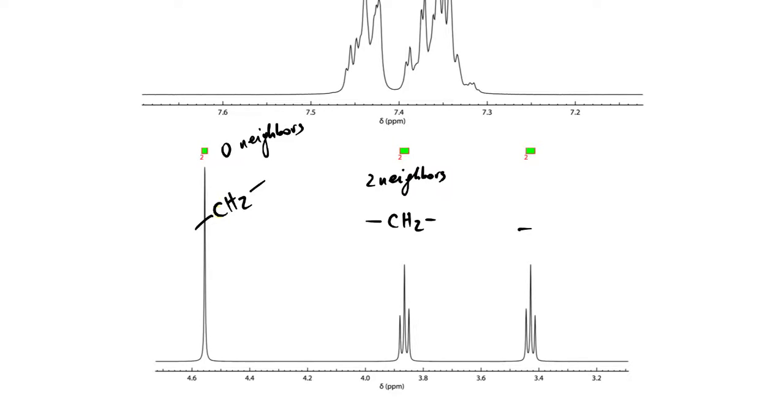And CH2 has 0 neighbors, 2 neighbors. I can't spell, but I have a good excuse. Okay. Did we assign all protons? 5 and 6, that's 11. Okay, we have all the protons that we need.